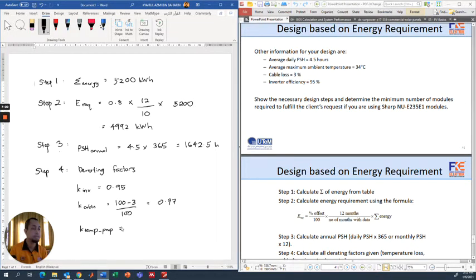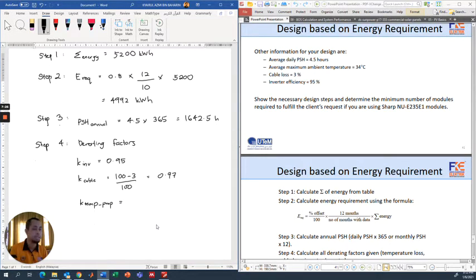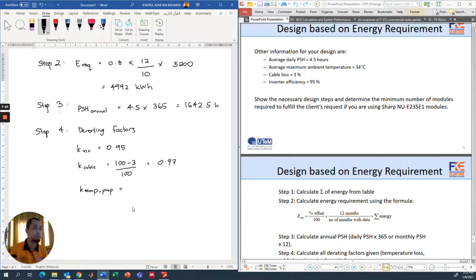Alright. So you need to go back and refer to the equation K-temp PMP. How do we calculate the derating factor for power?